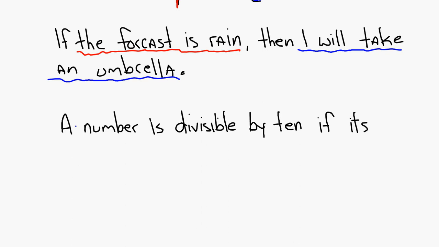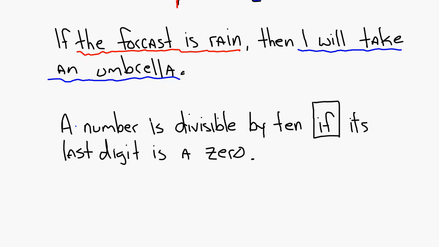A number is divisible by 10 if its last digit is a 0. Okay, the problem with this statement is there's only the word if in it. They're implying the word then. So in this case, the hypothesis is still what follows the if.